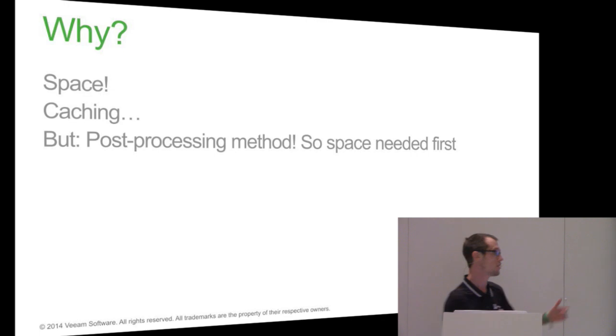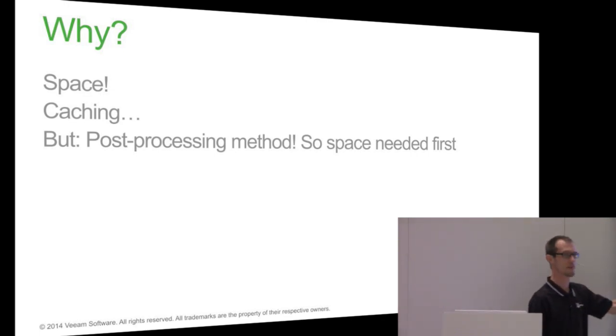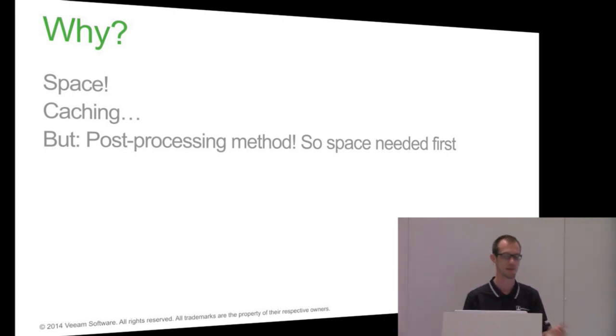of money. Do not forget about the post-processing method, so you need to kind of put a couple of VMs first, deduplicate them, put another few VMs, deduplicate them, and so on. And actually, because of that caching mechanism I just explained, you're probably going to gain speed as well for those VDIs.